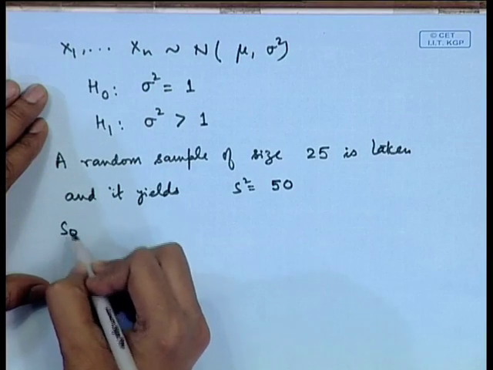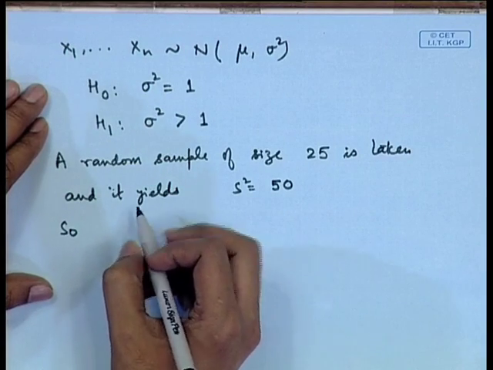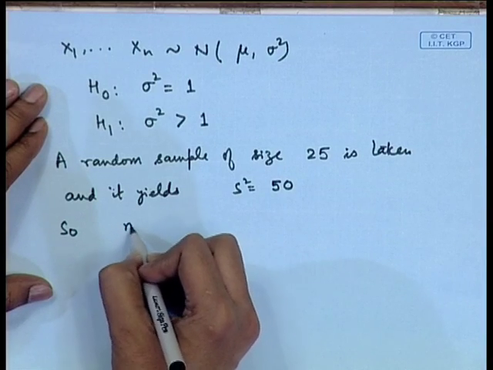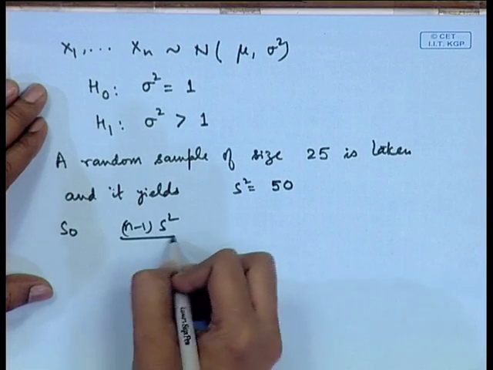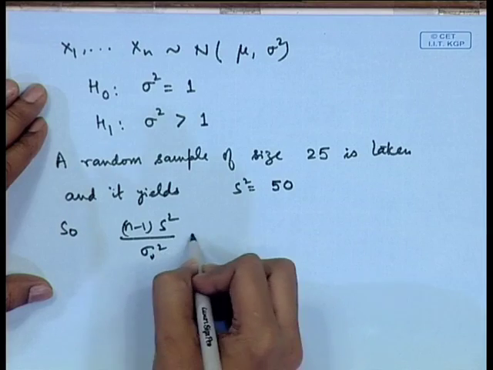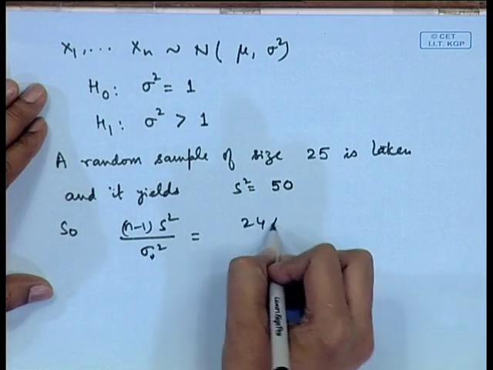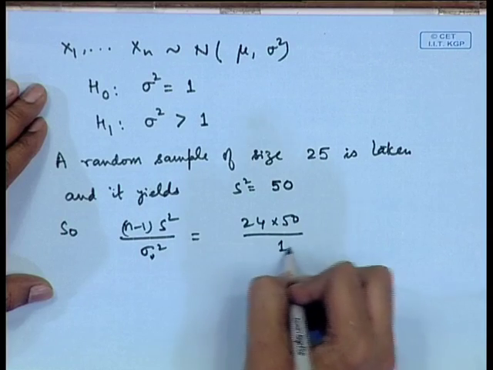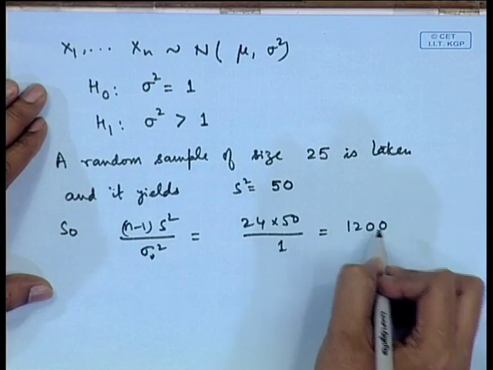So, if we are considering n minus 1 s square by sigma naught square, then this value turns out to be 24 into 50 divided by 1, that is equal to 1200.